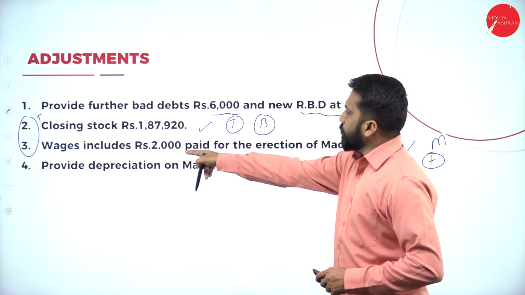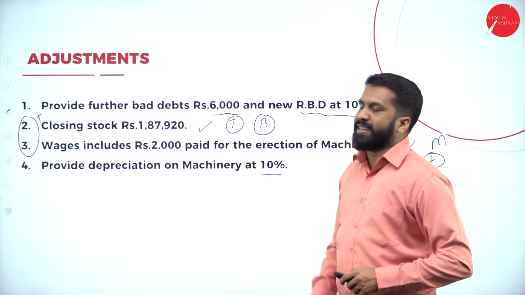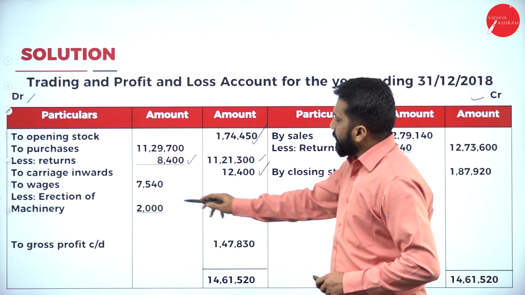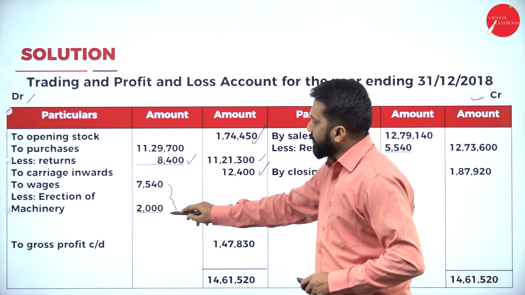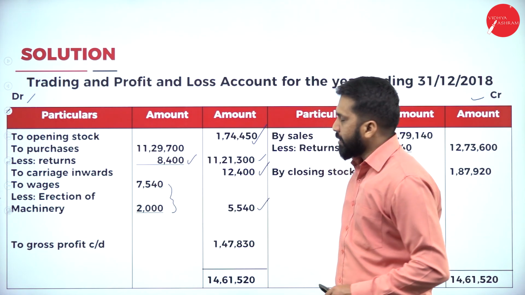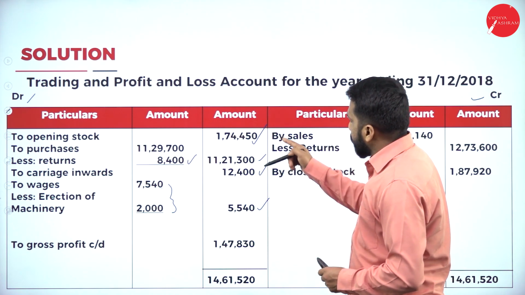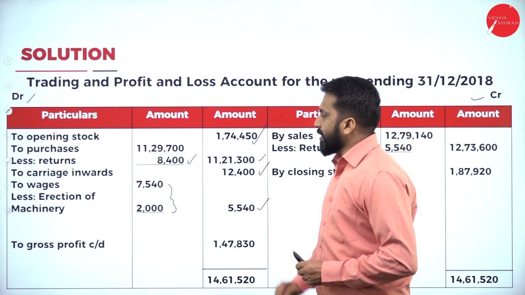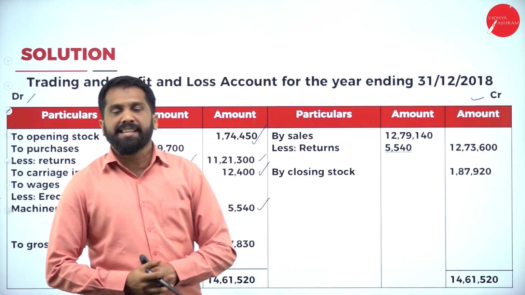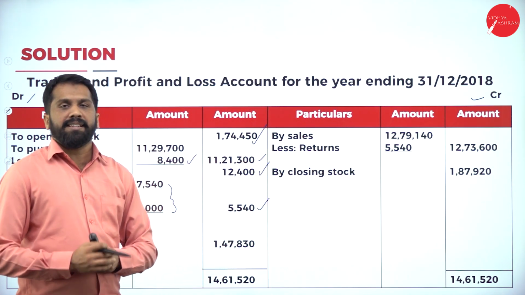For wages, 2,000 was wrongfully included. So 7,540 minus 2,000, your answer is 5,540. Any doubt? No doubt. So we are done with this. Your trading account debit side is done. Easy or very easy? Very easy.